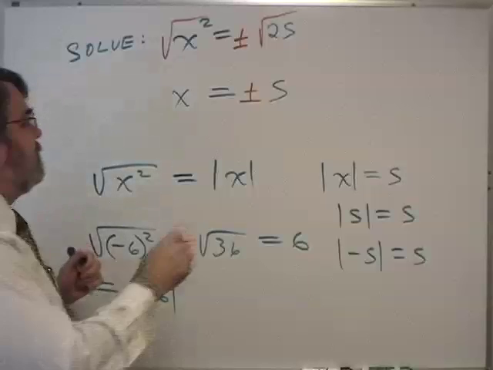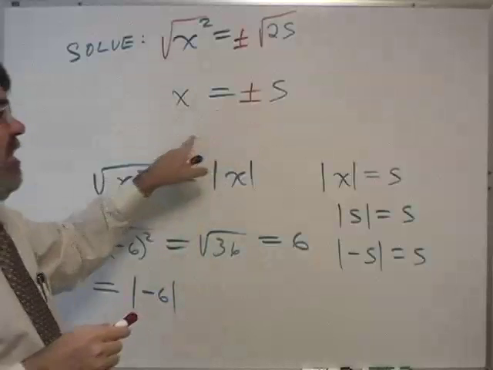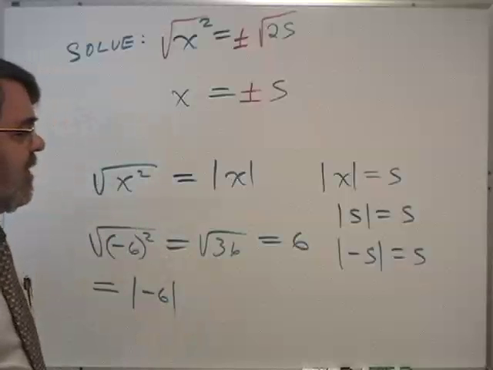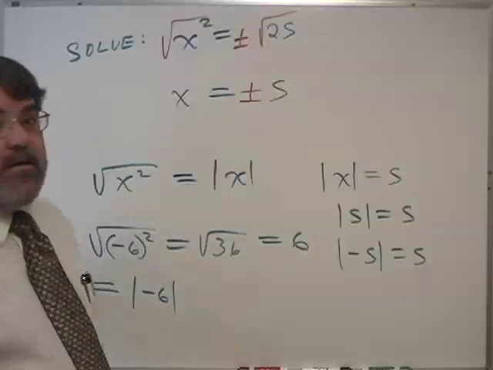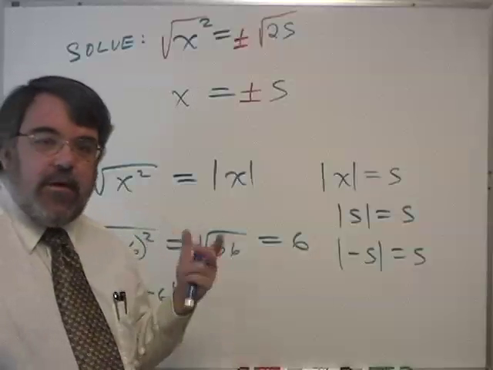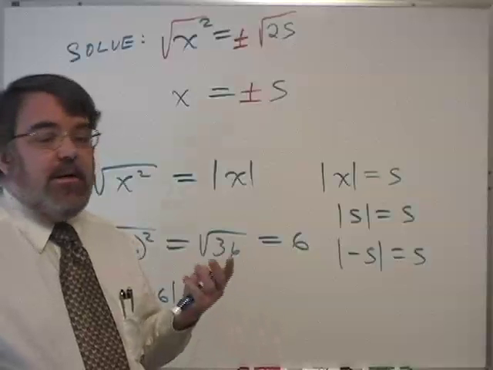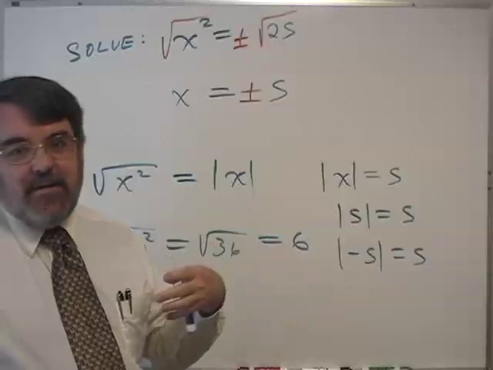Now we could rewrite this as x equals negative 5, comma 5, to represent two answers that way. So here's the summary of this. When you solve an equation by taking the square root of both sides, you actually are creating two separate answers, a positive answer and a negative answer.